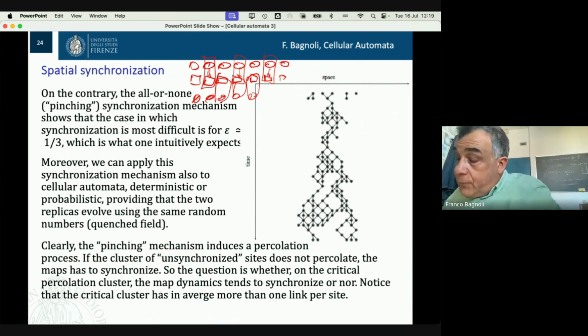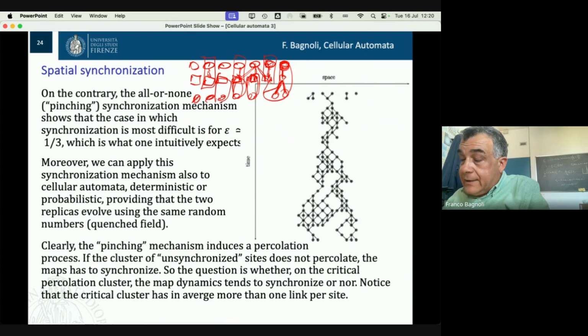So essentially, if you look at how the sites that are not synchronized behave, a single defect here can propagate one step, but then cannot propagate here, cannot propagate here, because they are synchronized.